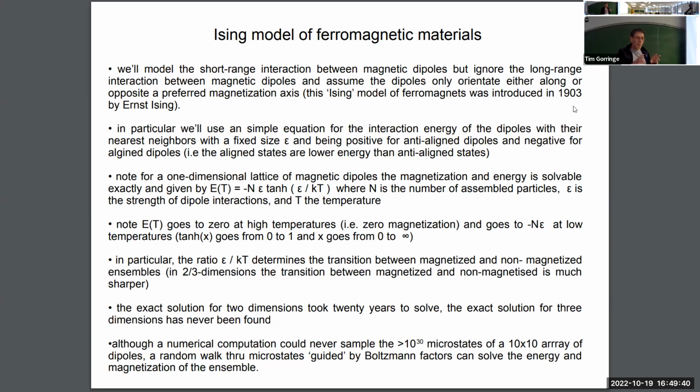So there's an equation that we can write down for this interaction between the neighboring dipoles, and it's an equation that just specifies the magnetic energy associated with a pair of neighboring dipoles. And in the Ising model, that magnetic energy between a pair of dipoles has some characteristic size, so some characteristic number of electron volts or joules, and it has a sign that's dependent on whether the dipoles are aligned with one another or oppositely aligned.